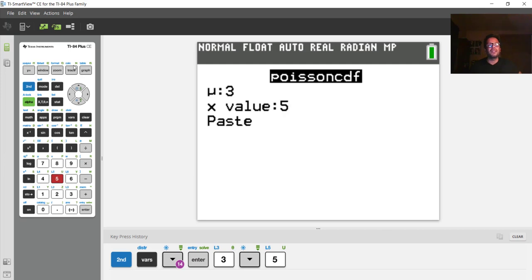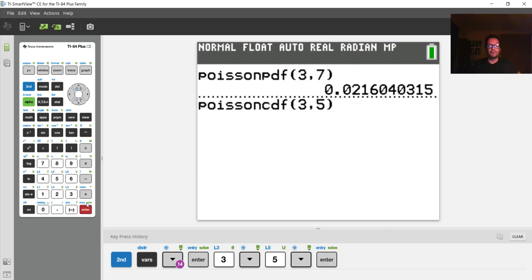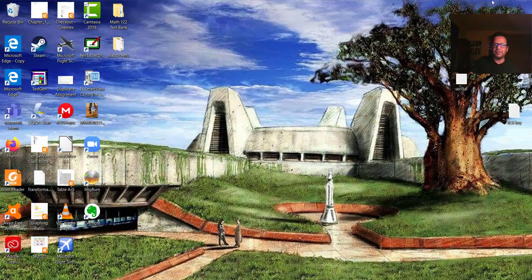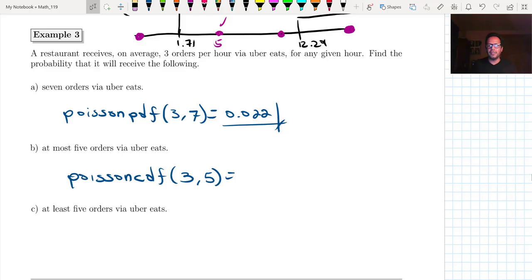Now it's going to give us the cumulative distribution probability. Okay, so 0.916, almost 1. So almost for sure that we are going to get 5. So if 3 is an average, well, 5 is not too far away from 3. So in this case, well, that's why we are getting almost a 1 as a probability to get that, right?